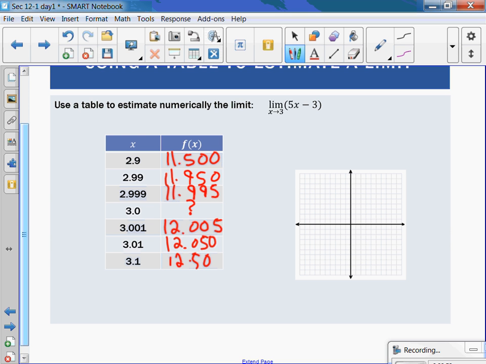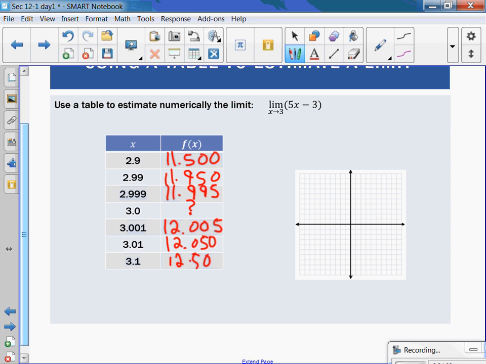So here, without evaluating at 3, if I take a look at what's going on with the left, as x approaches 3 from the left side, 2.9, 2.99, 2.999, we're approaching what number? Well, coming from the right, starting off with larger values, getting smaller and smaller down to 3, 12.5, 12.05, 12.005.